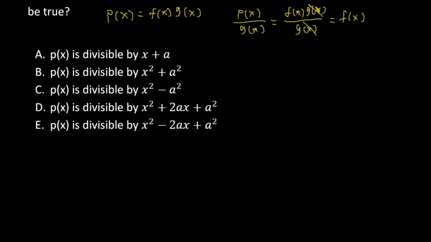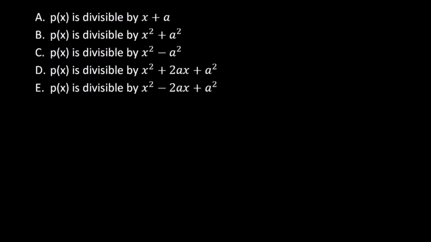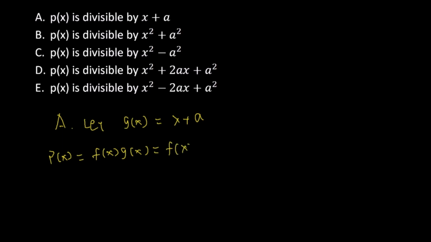For choice A, let me do A first. Let g at x equal x plus a. So p at x is equal to f at x times g at x, which is f at x times x plus a for choice A.